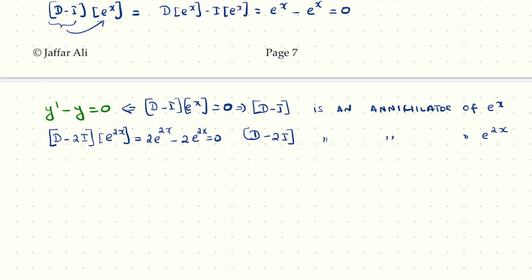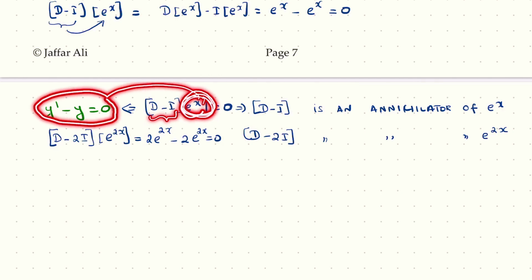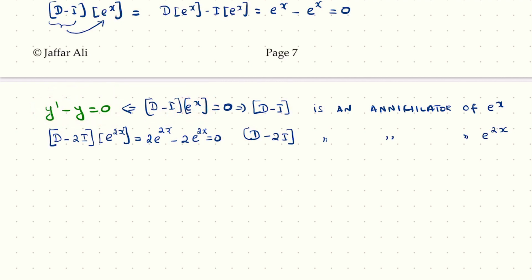So it's not like annihilator is something irrelevant. If the operator form d minus I annihilates something, whatever it annihilates happens to be the solution to the corresponding differential equation of that operator form. So that's very, very important for us.